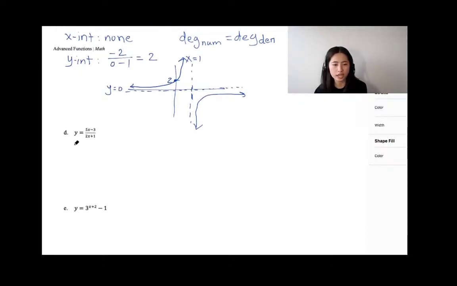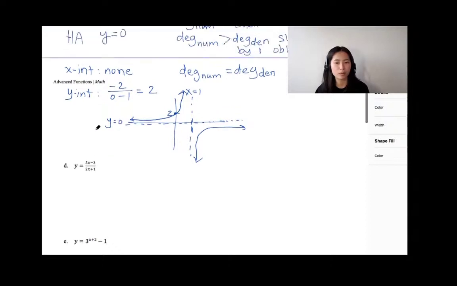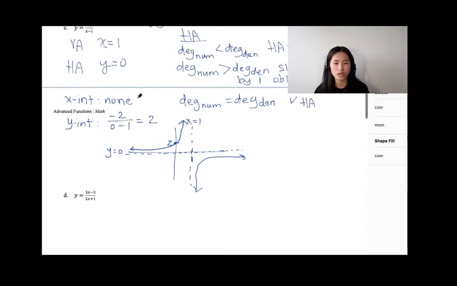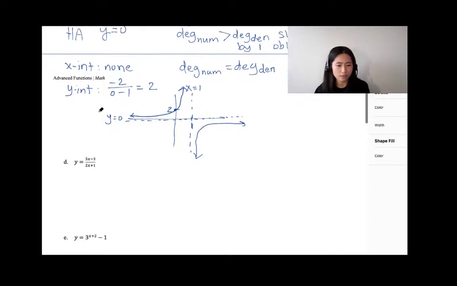Okay, so interestingly, there's another rational function here. We have it in the form ax minus b over cx plus d. Remember what I said about the horizontal asymptotes? Right now, you have the same degree. So how do you know it's the same degree? If you look at 5x minus 3 and 2x plus 1, the degree of your numerator is 1, because the highest power of x is 1.